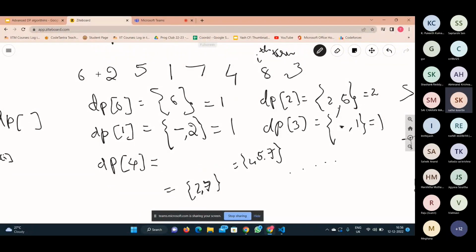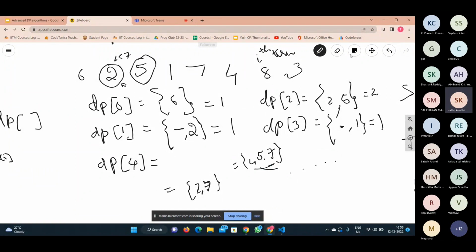While iterating from 0 to 4, 0 to 3, we check if 2 is less than 7 and add 1 to the LIS of 2. Also, we check that with 5 also, but there is no need to check with 2, 7 because we already know it's already there in 2, 5, 7.